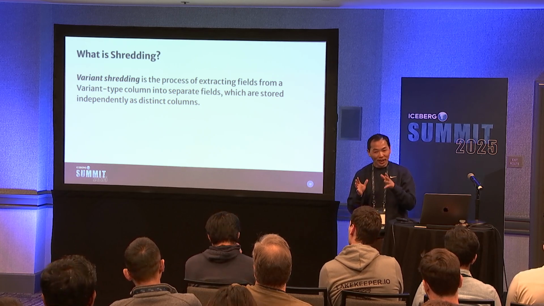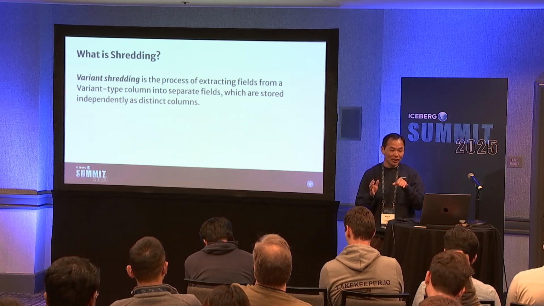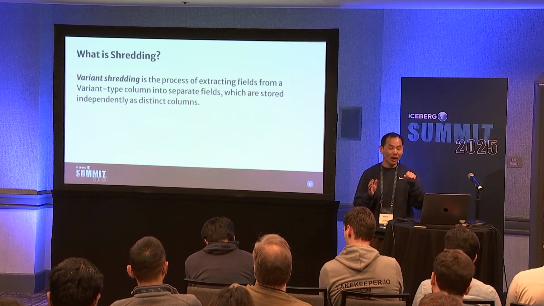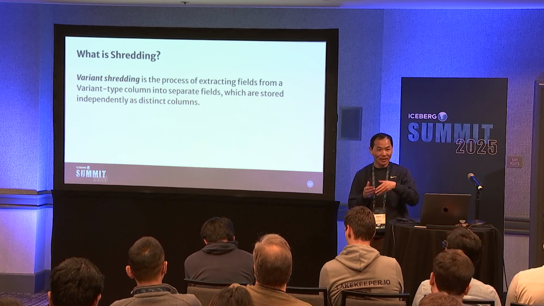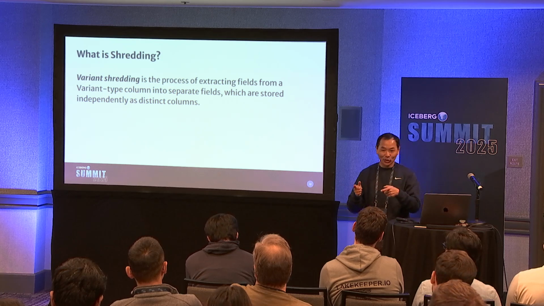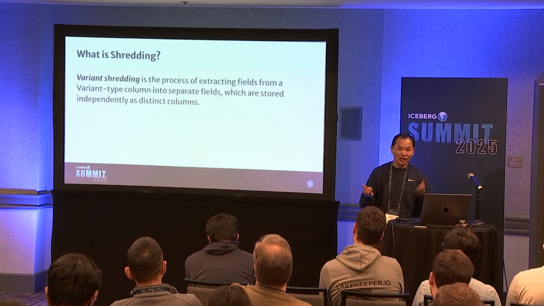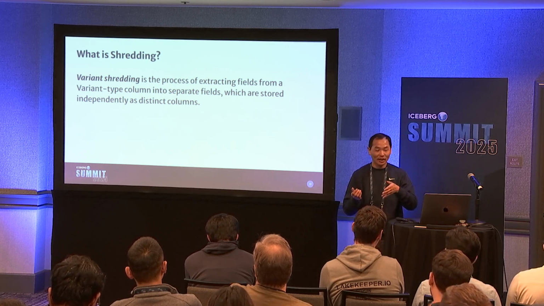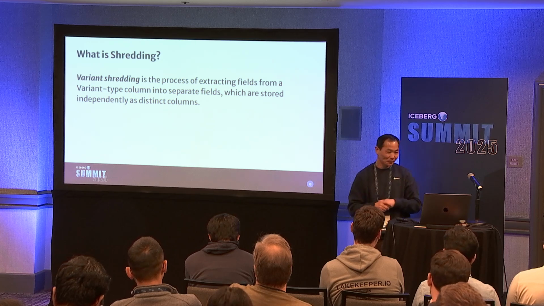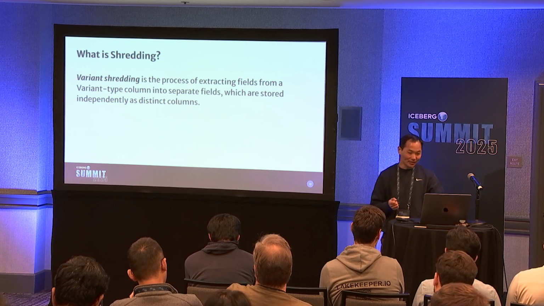Now you can extract those fields into separate columns and store them. With that, if you want to access them, you don't need to load the whole variant column or variant data. You just access those fields directly. So that's the idea behind shredding.